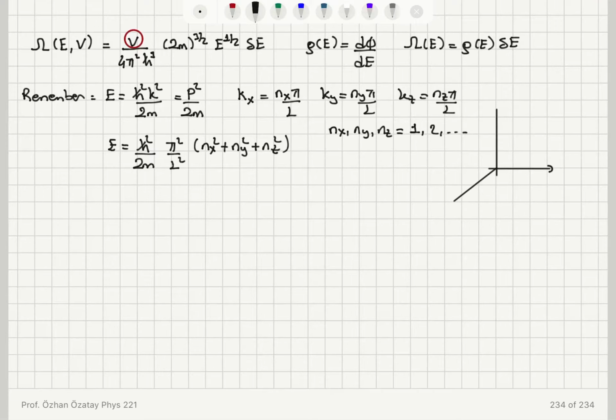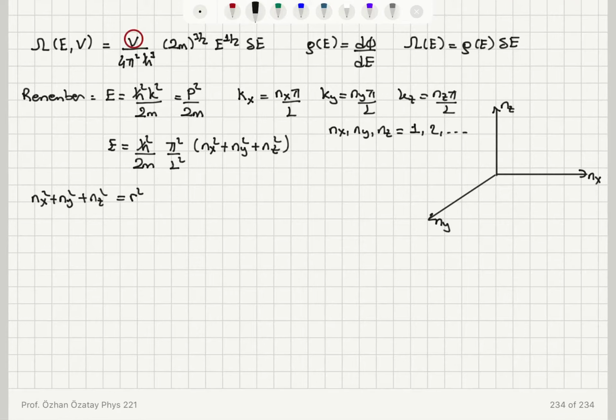So you have discrete values for nx, ny, and nz. And basically nx squared plus ny squared plus nz squared we call r squared.